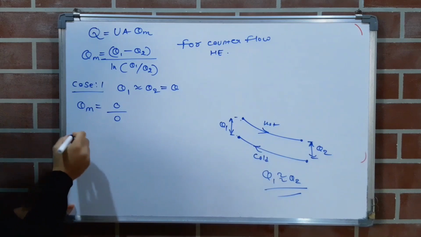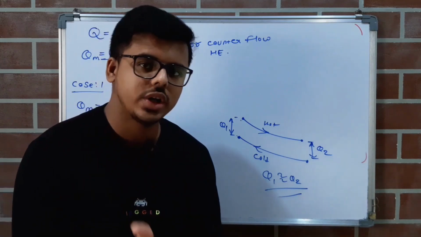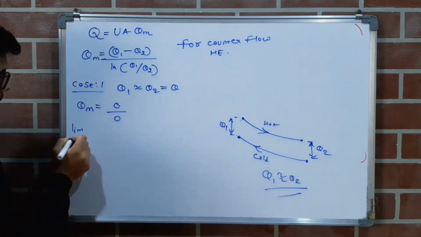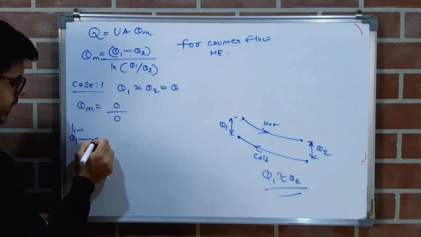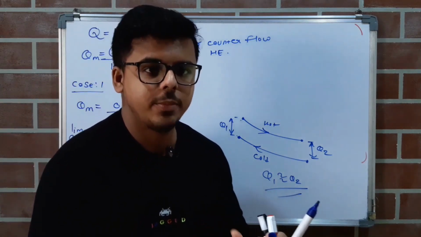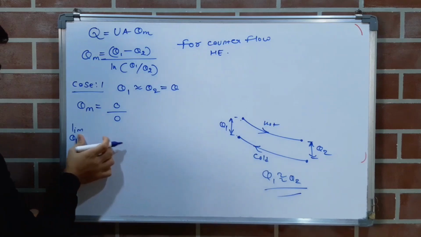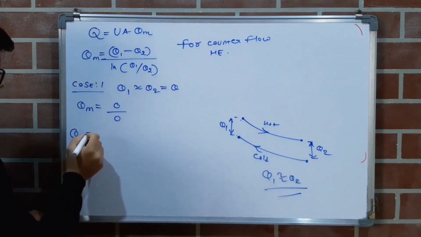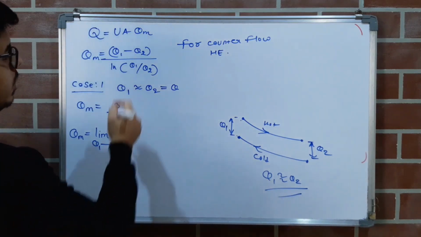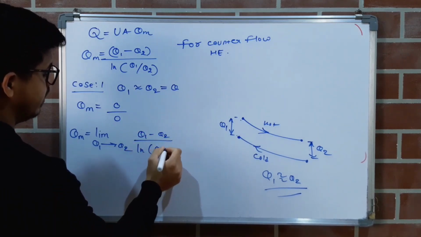Suppose we are considering that theta 1 equals theta 2, or theta 2 equals theta 1, they are both the same. So I can write the limit as theta 1 tends to theta 2, which means approximately they are the same. So theta m equals the limit as theta 1 tends to theta 2 of theta 1 minus theta 2 divided by ln of theta 1 upon theta 2.